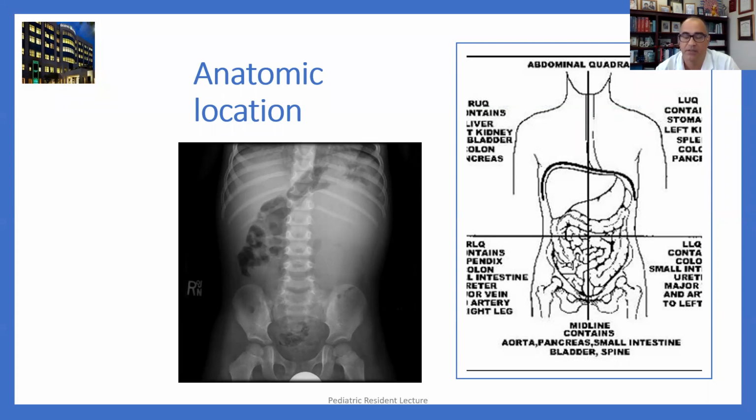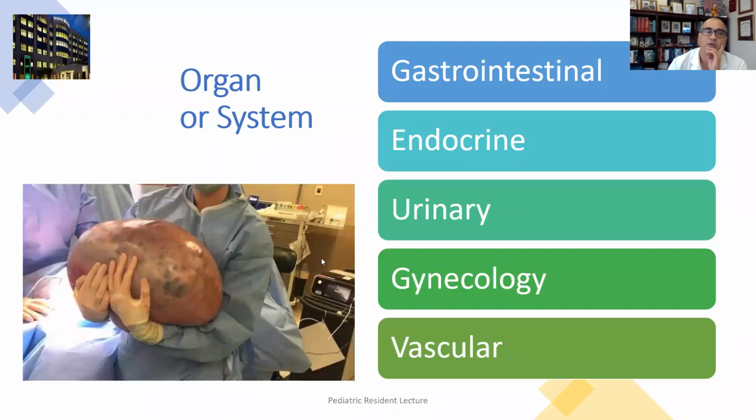It's most of the time slow growing, so by the time we know, it's late in terms of size. So we never find it in a small site. The way we can describe this presentation is, in a few words, which organ or system the large mass is affecting and how we're going to approach that.